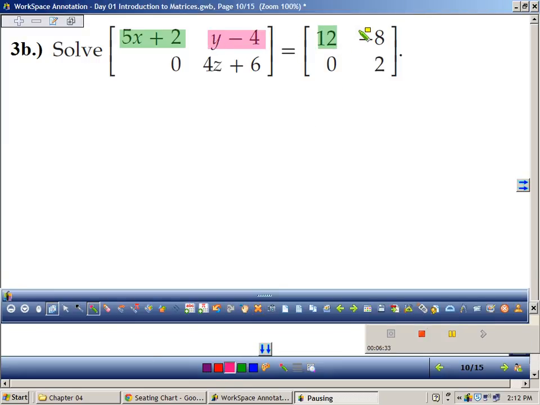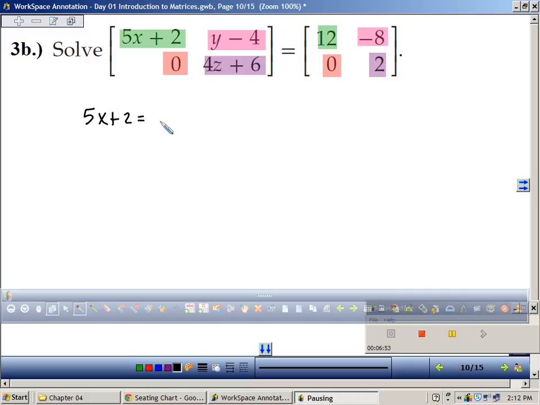Y minus 4 goes with negative 8. 0 goes with 0. And 4z plus 6 goes with 2.